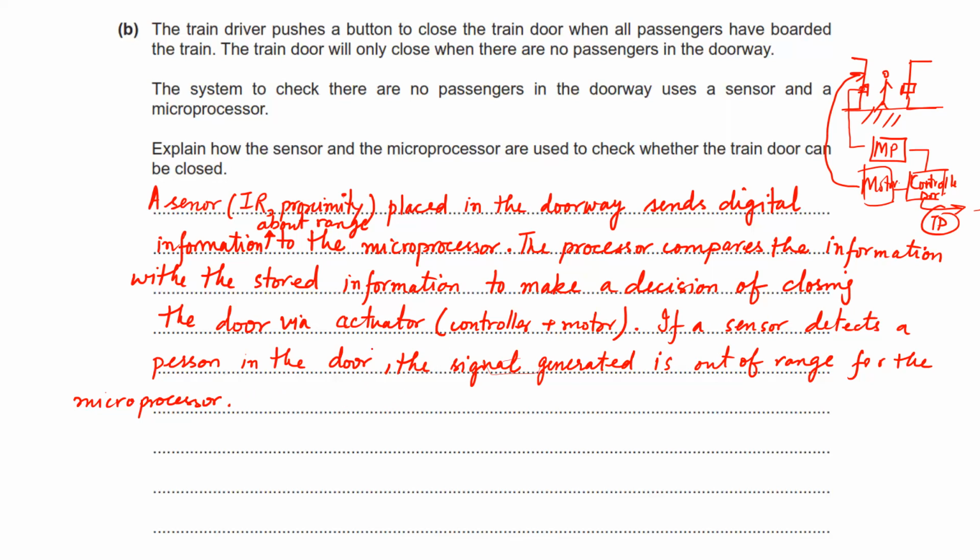So if a sensor detects a person in the door, the signal generated is out of range for the microprocessor to activate the actuator.